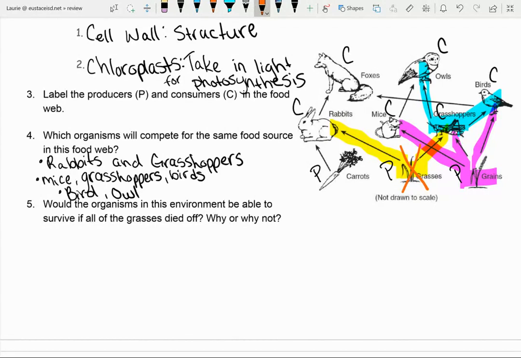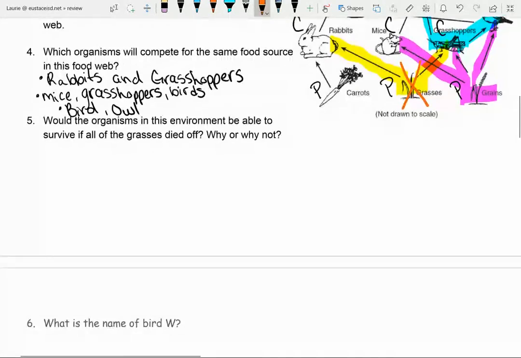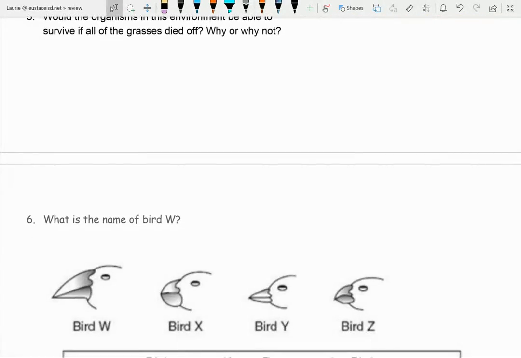Remember, when we have a variety of organisms in a population, we are talking about biodiversity. So when we're explaining this, we need to be talking about biodiversity.